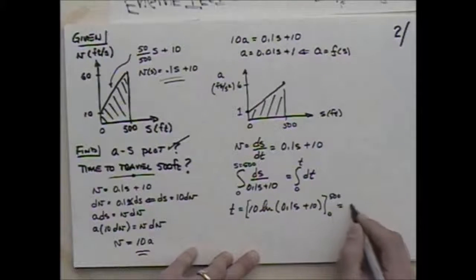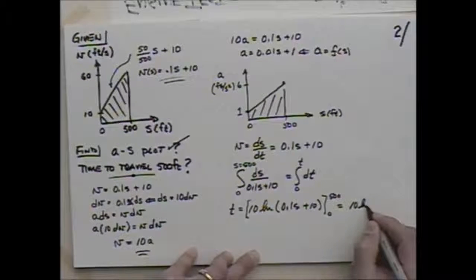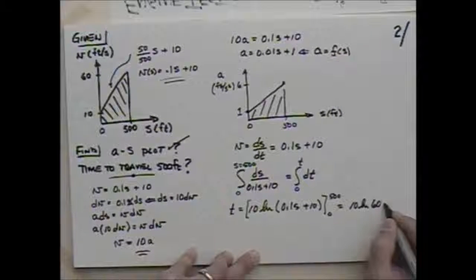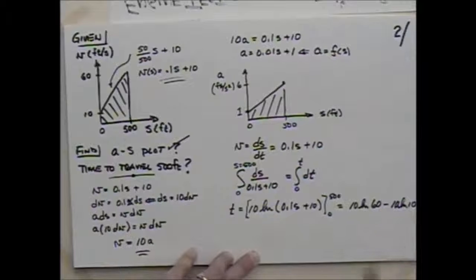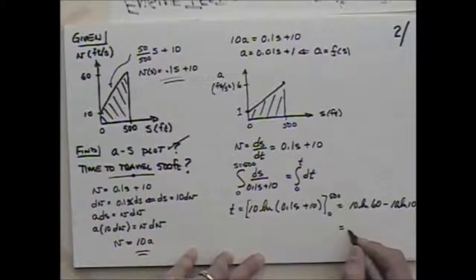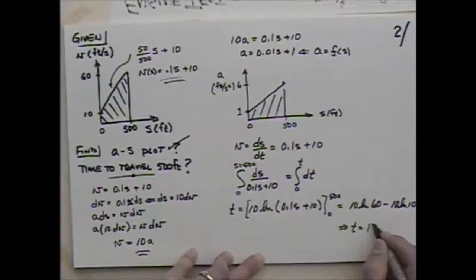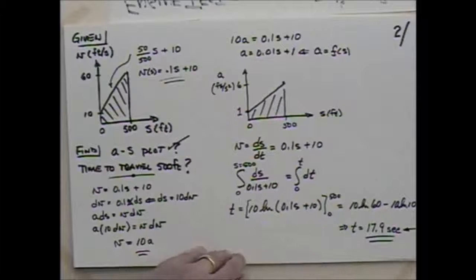Then you go through this, you come up with 10 times the natural log of 60 minus 10 times the natural log of 10, which when the dust all settles from the math, time is equal to 17.9 seconds. Which again seems fairly reasonable. Did I get off on this?